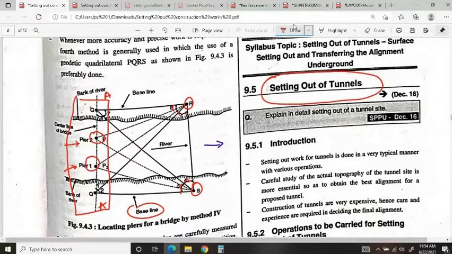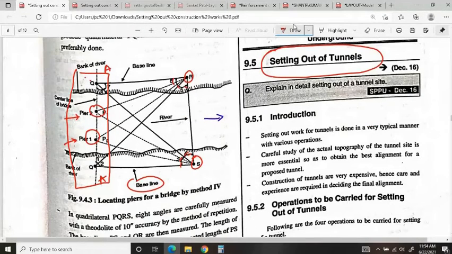Next one we have setting out of tunnels. It is a little bit complicated one because there will be a mountain like this, and you want to construct a tunnel. So to draw a center line is very difficult. So what we will do, we will go up the hill and we come down. So setting out of the tunnel is a little bit complicated task as compared to the other types of setting out methods.